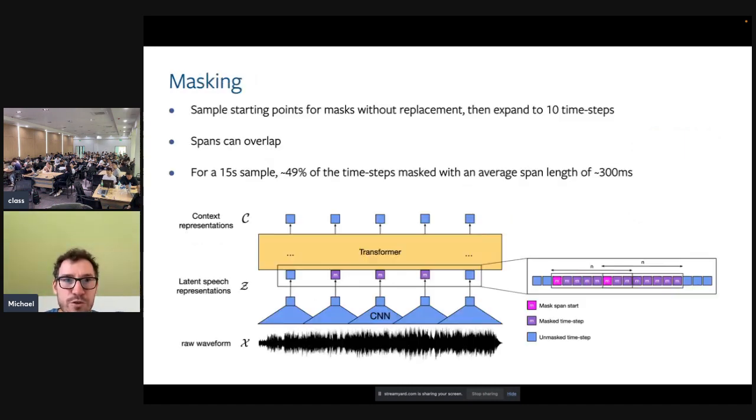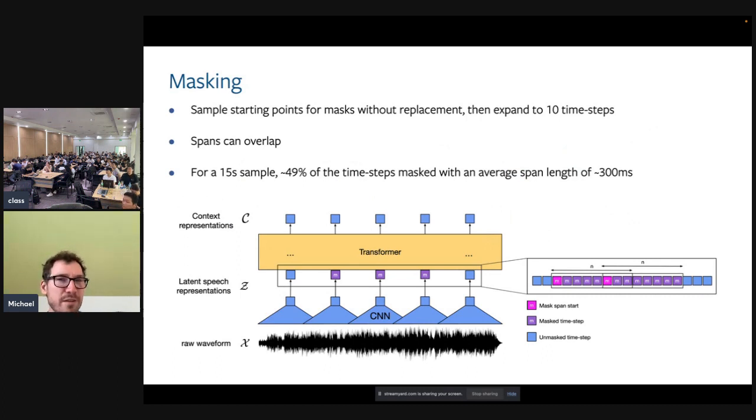Okay, so this is the training. Actually, hold on. That's also the masking. We need to mask some of these time steps. The way we do it is we have these 20 millisecond blocks that I mentioned. Each square is 20 milliseconds, and we always mask 10 of those in a row. The reason we do that is because 20 milliseconds is really short.